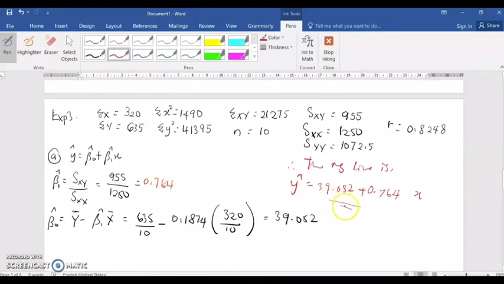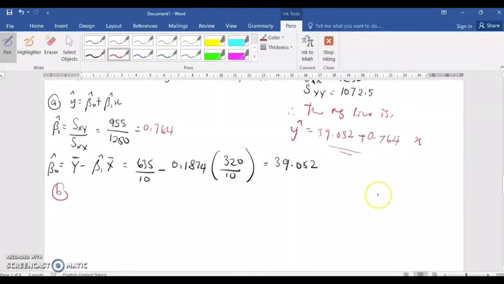Okay, let us continue with the second part, which is B, the explanation as usual. Beta naught first. Beta naught is equal to 39.052.